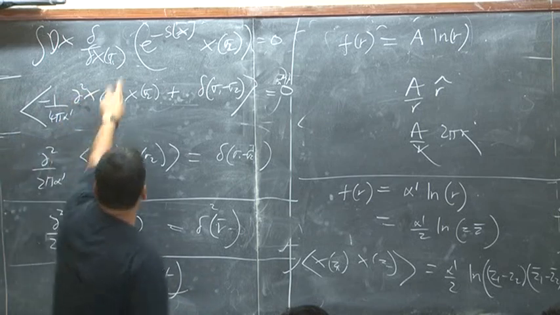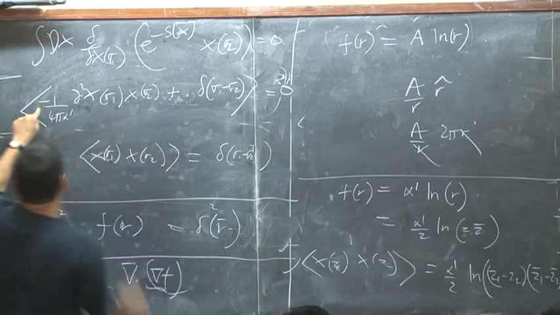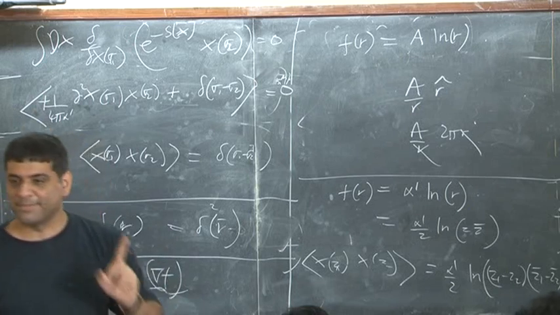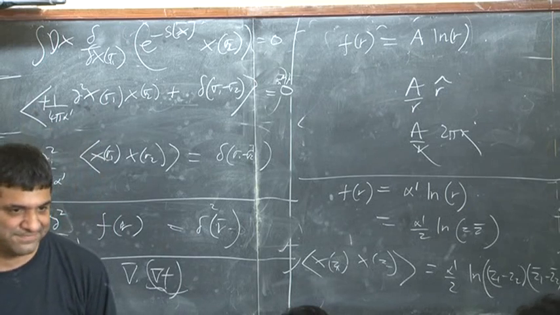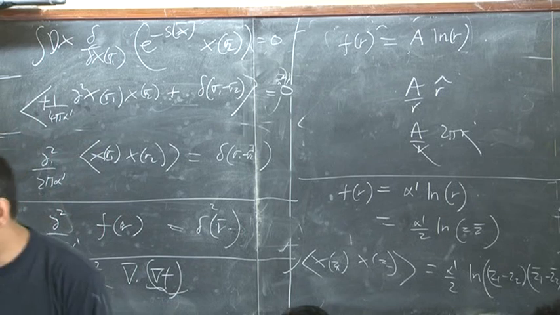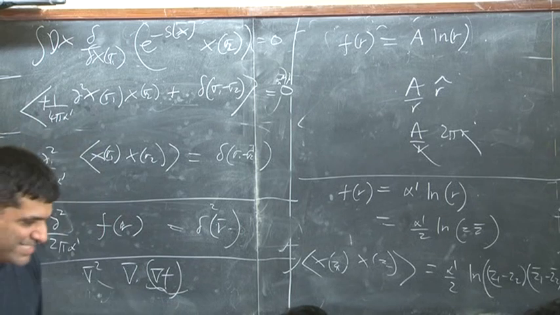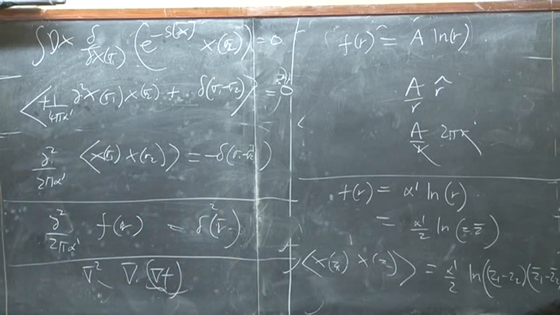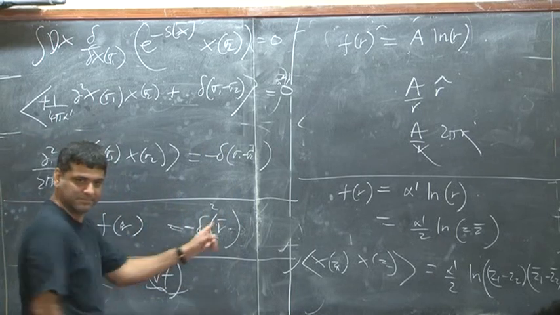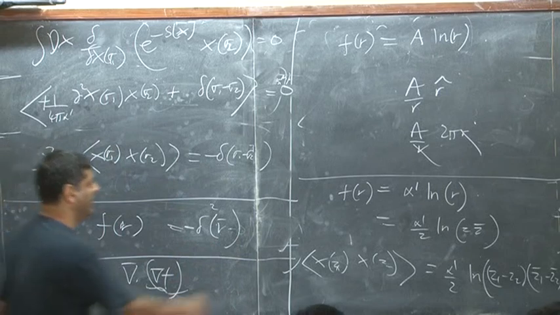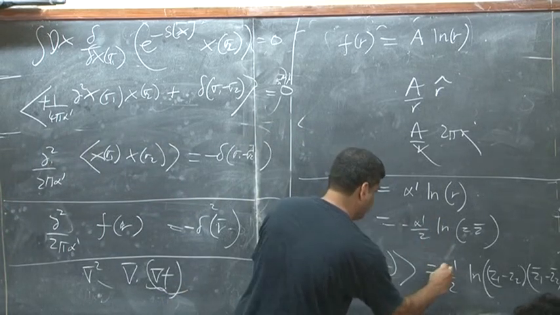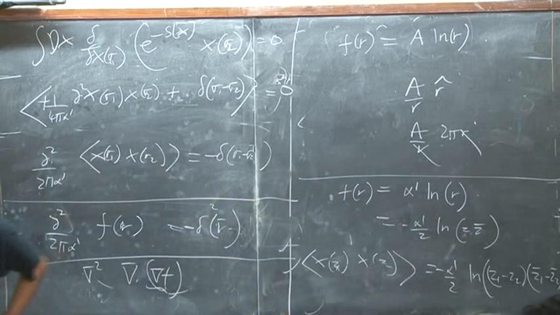So the variation of this part actually came with a plus. There were 2 minuses: one because we had e to the power minus s, and then another minus because we had an integration by parts. Okay, good. So this was the equation. And then everything else goes through except that we put a minus. Okay, that was painless.